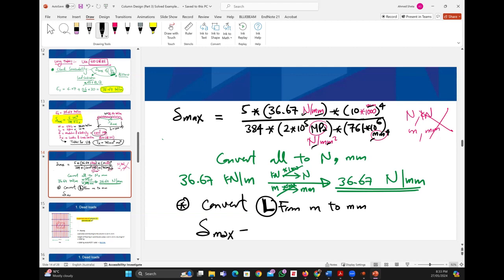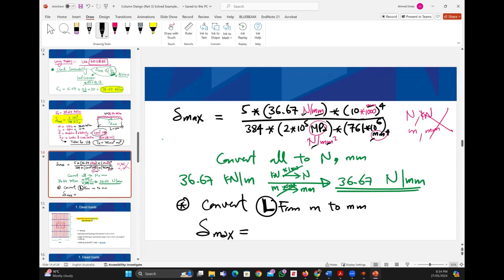So if we calculate this one, okay, sorry, there is a problem. 5 times 36.67 times 10,000 to the power 4, divided by 384, divided by 2 times 10 to the power 5, divided by 761 times 10 to the power 6.